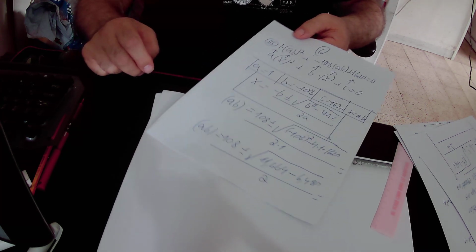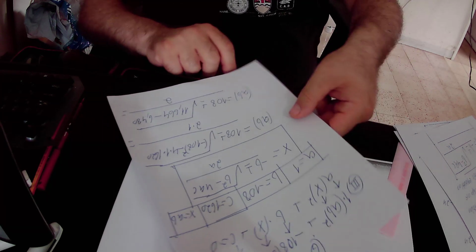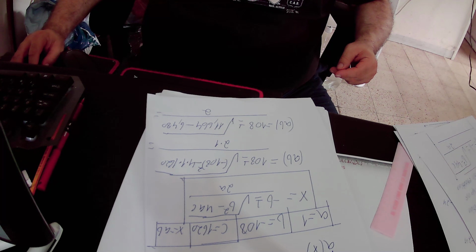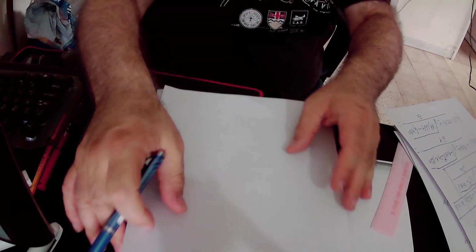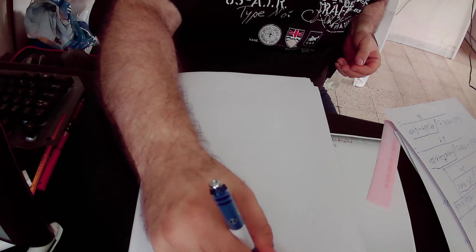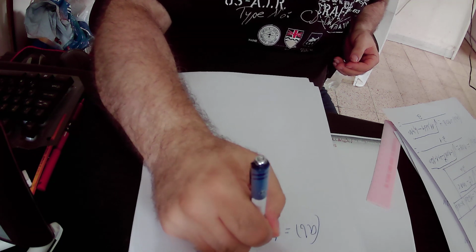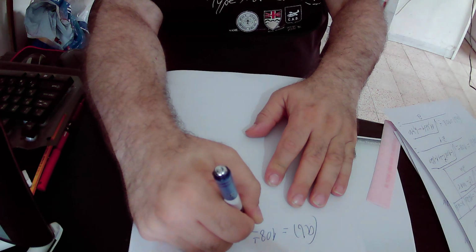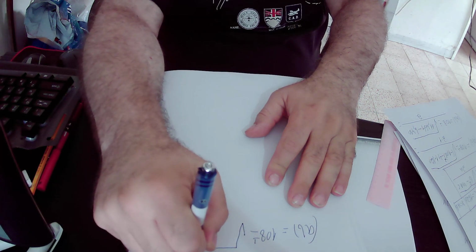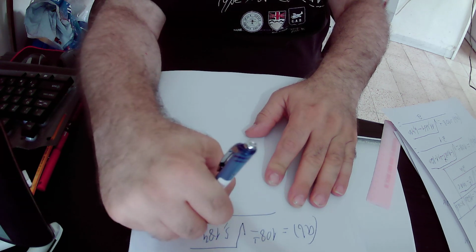And 11,664 minus 6,480 equals 5,184, all divided by 2.